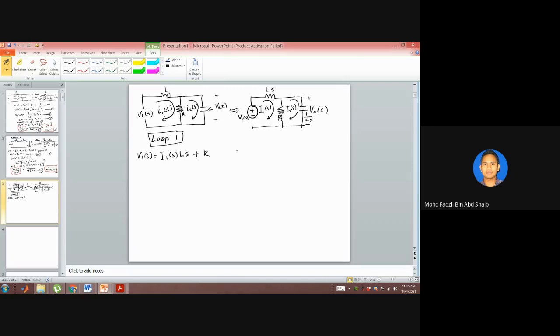R times I1S. Then minus I2S, minus R times I2S.